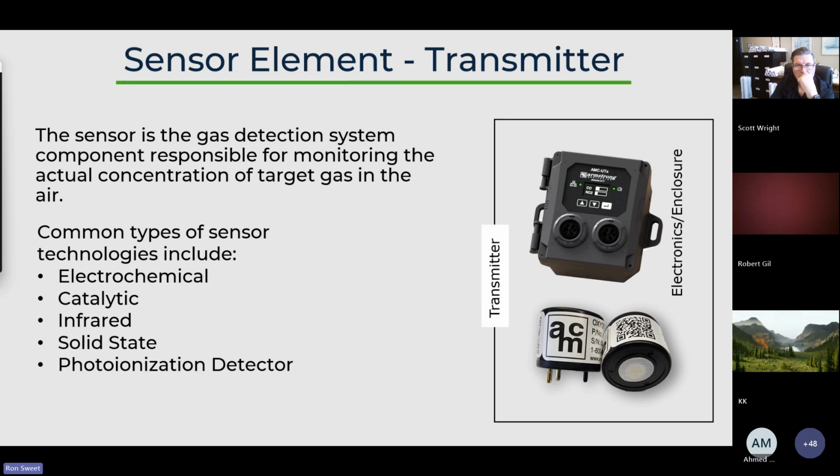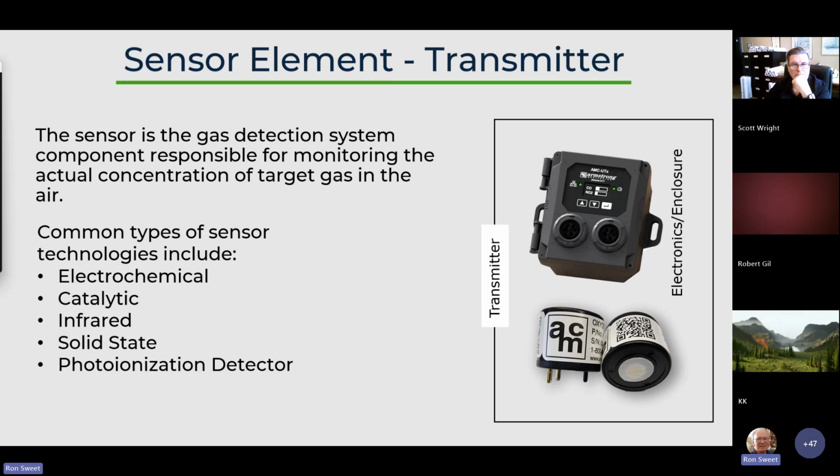Sensors commonly used in the gas detection industry include electrochemical, catalytic, infrared, solid state, and photoionization detectors. Electrochemical sensors are typically utilized to monitor toxic gases and asphyxiant gases, simply because they're very good at that. They've been developed for that, and they're very gas selective.